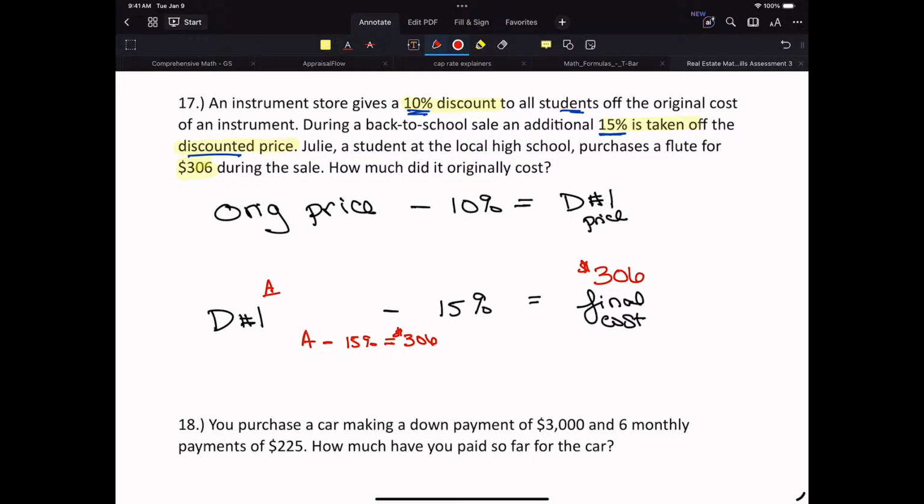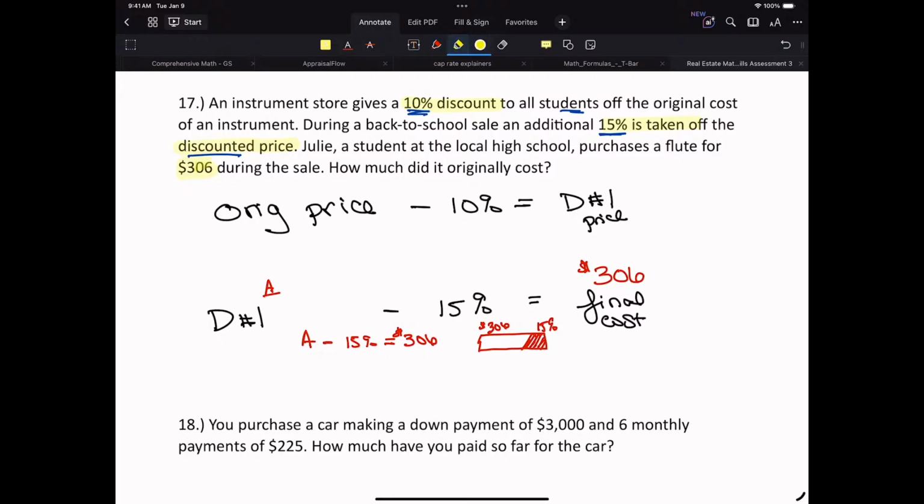Well, this goes back to what we did earlier. If A is the total, and we took off 15%, we were left with $306.